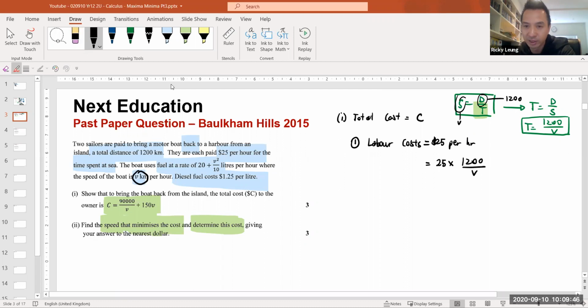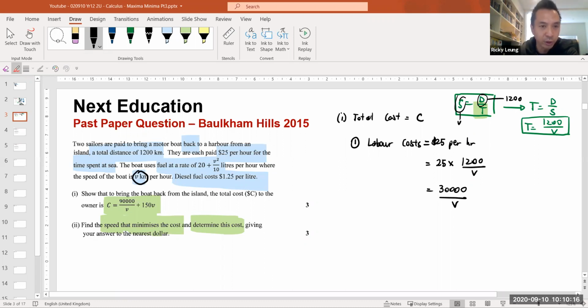Now, I'm hoping if you do that on your calculator, what's 25 times 1,200? 30,000 over v. So that's one part of the total cost. Actually, let me see. I got this wrong.